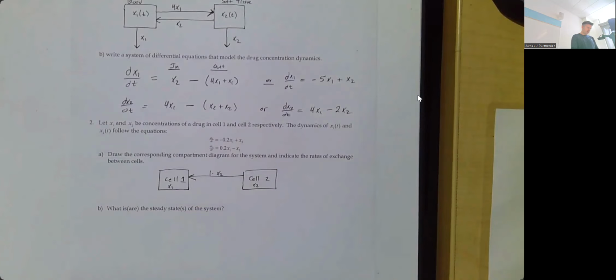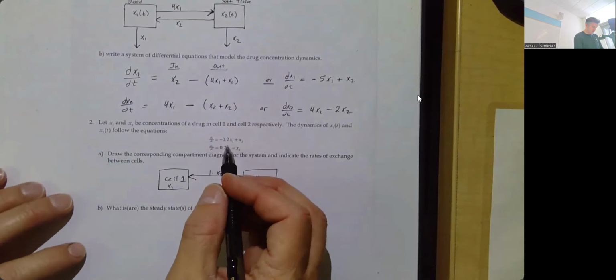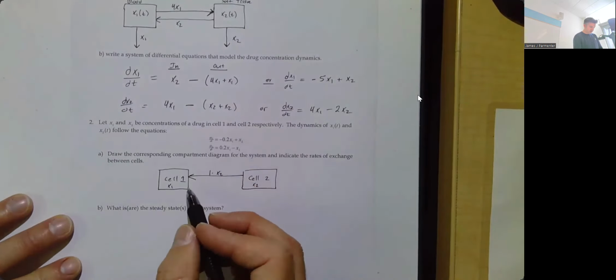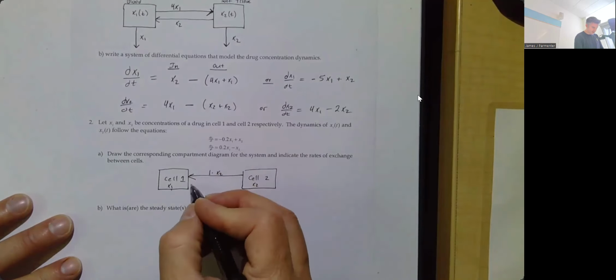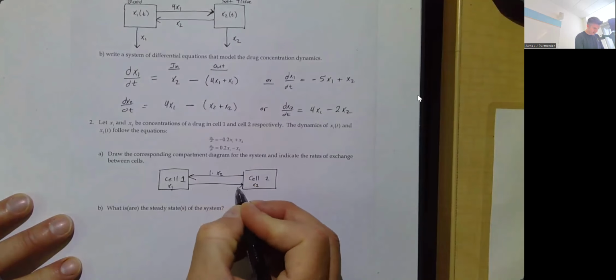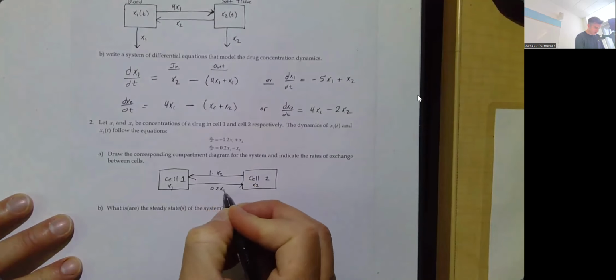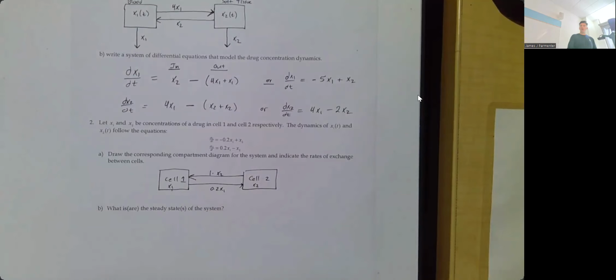And similarly, X1 is losing 0.2 times X1, but it can't be going down there because since X2 is getting 0.2 times X1, we have to be going that way. So there isn't anything going out from the bottom. We just have pure exchange, no loss essentially, which seems unlikely, but that's the way the problem was set up.